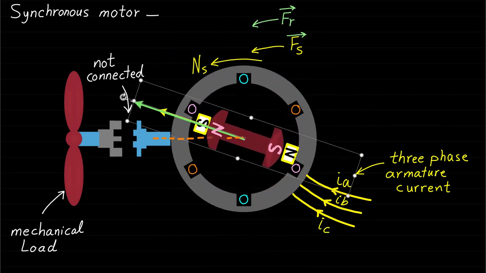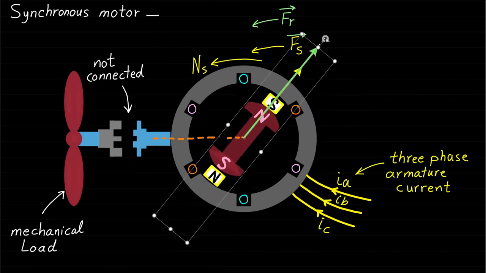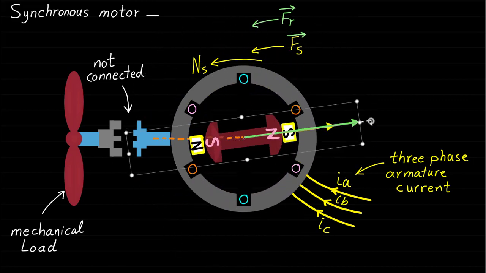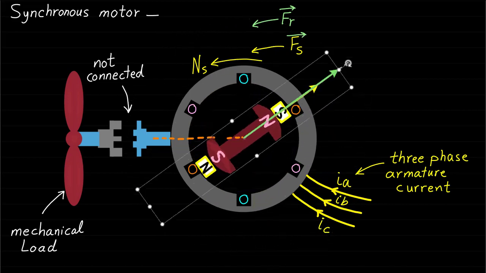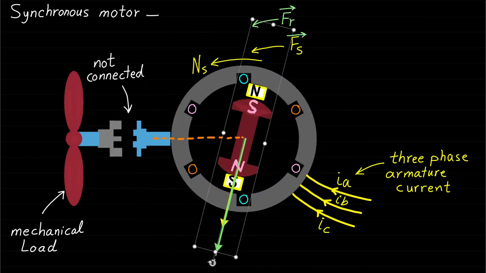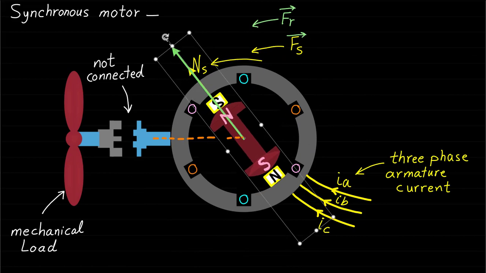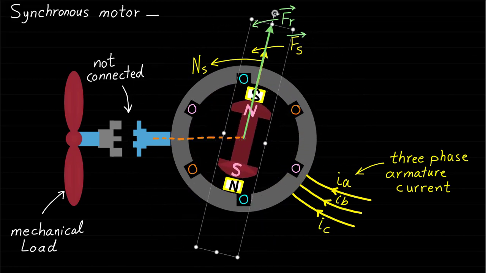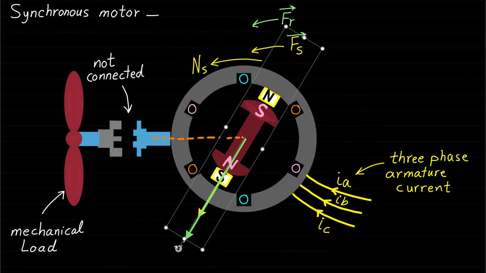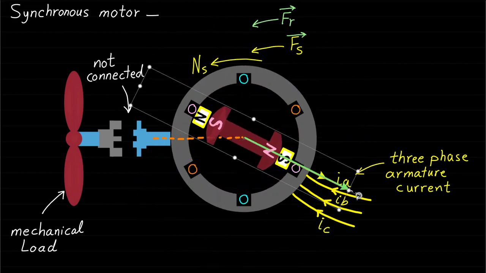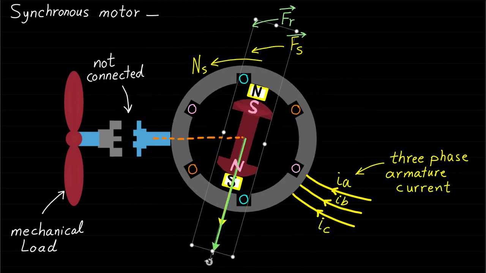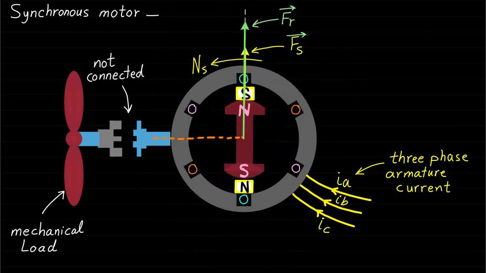As we can see, the stator and rotor rotating poles are rotating in this direction at speed Ns and they are aligned or locked with each other when there is no mechanical load connected to the machine shaft. Under this operating condition, the machine produces around 0 electromagnetic torque Te when the mechanical load is not connected.